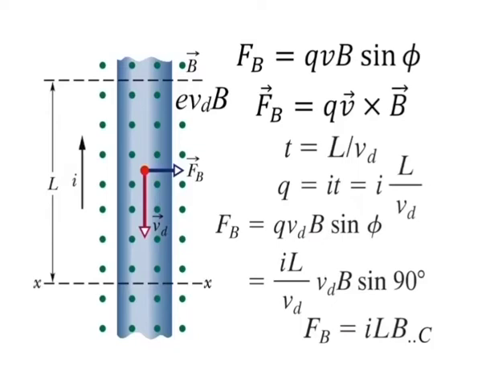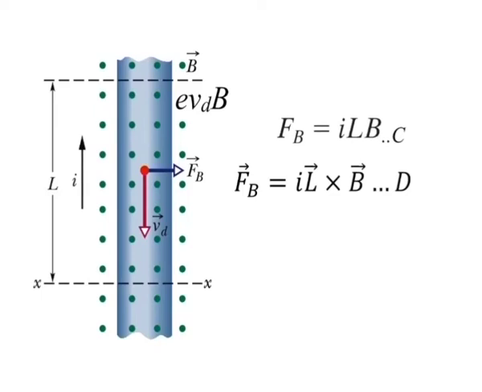If the magnetic field is not perpendicular to the wire, the magnetic force is given by a generalization of equation C as F_B = iL × B. Here L is a length vector and is directed along the wire segment in the direction of the conventional current. The force magnitude is then F_B = iLB sin φ. Here φ is the angle between the directions of the length vector and the magnetic field.